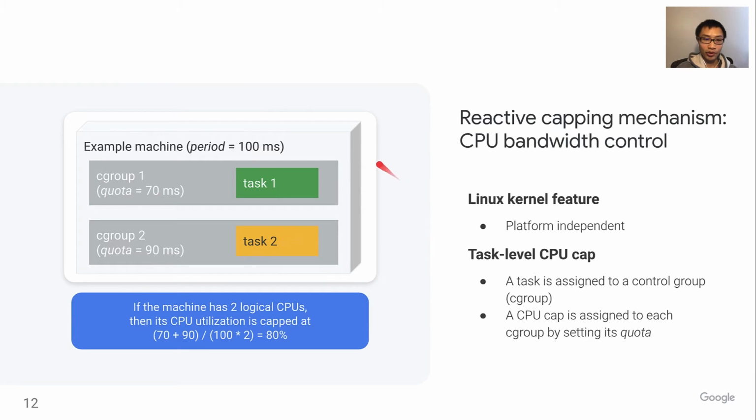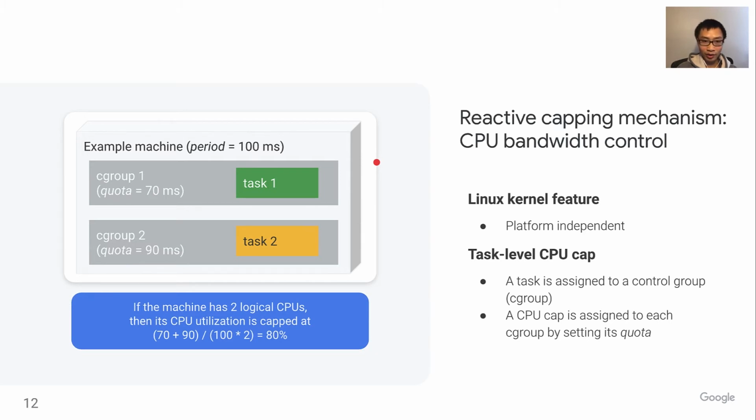Let's look at an example here. In this example machine, a period parameter is set to 100 milliseconds. There are two tasks, one assigned to a C group with 70 milliseconds of quota, and the other assigned to another C group with 90 milliseconds of quota.